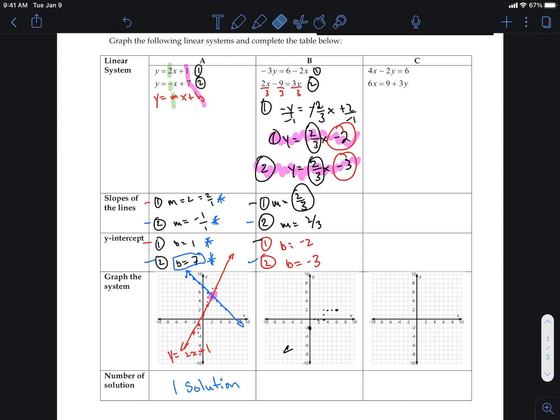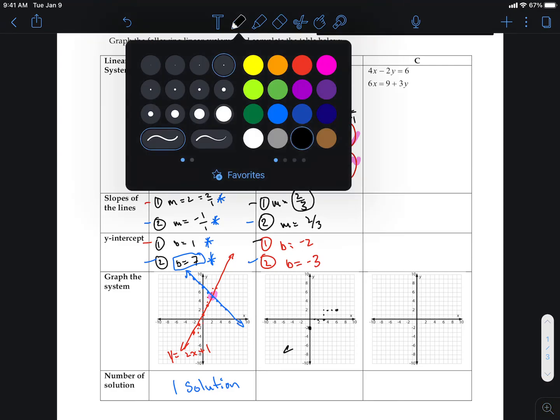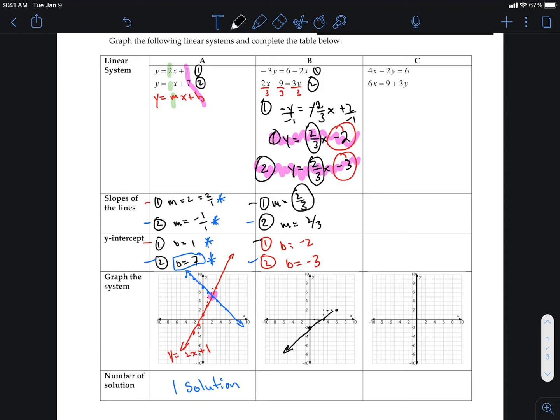Sorry, the line's not the best. Okay. Second one, we're going to go find -3. These are really close. I should have made these different, but that's okay. Same thing, up 1, 2, 1, 2, 3. Okay, you guys might be able to get a little closer than I can.